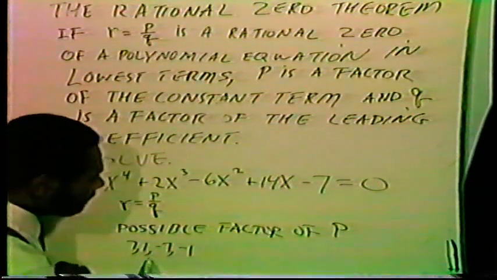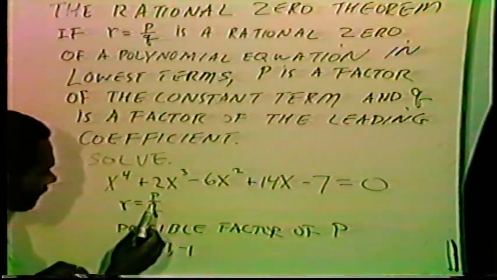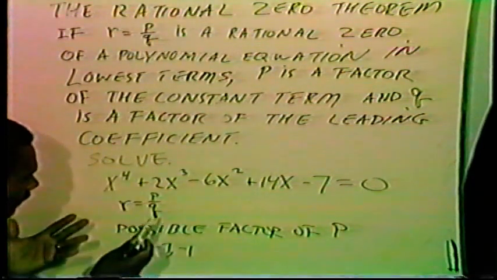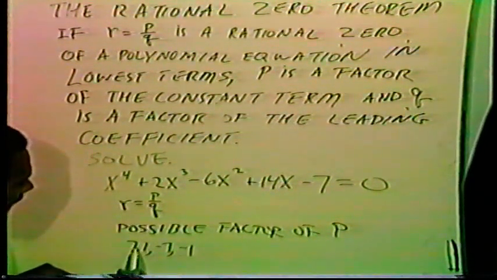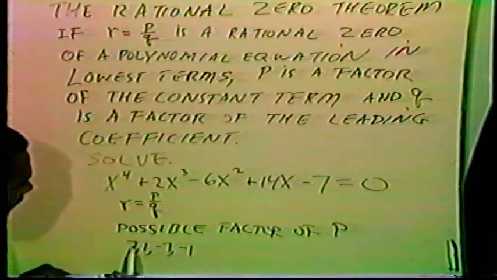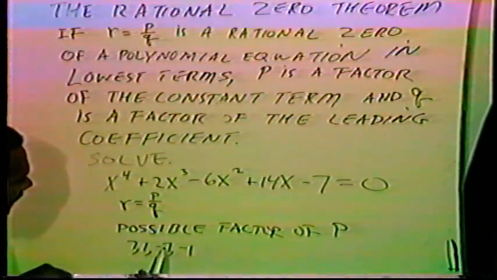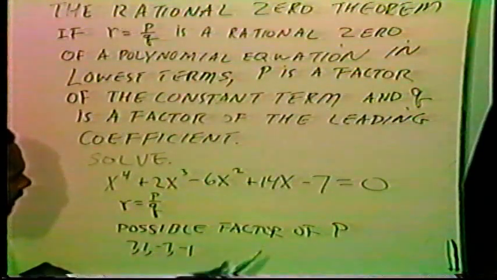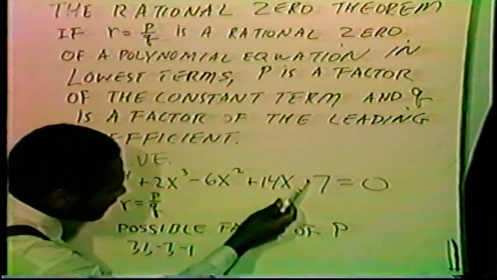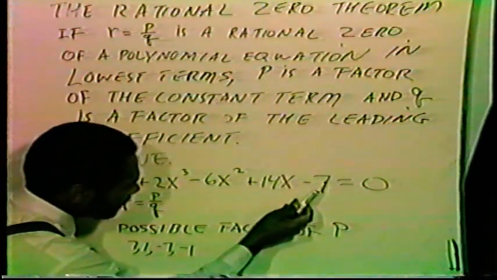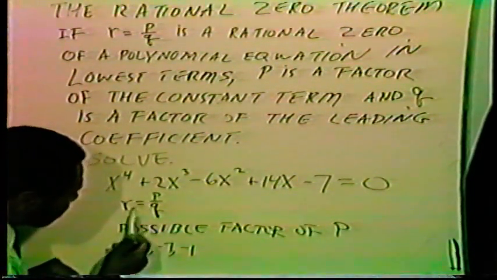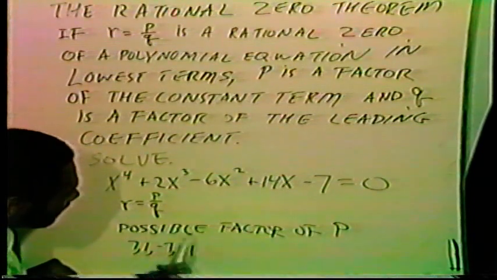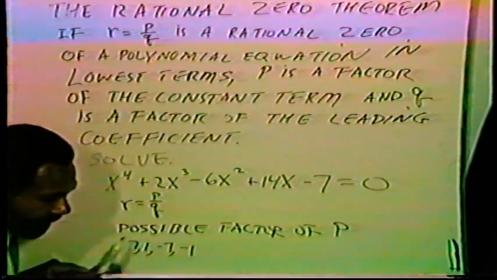Those are the possible factors for the numerator of any rational root to this polynomial equation. The numerator would have to be 7, 1, -7, or -1, because those are the only factors of the constant term. The constant term is -7.